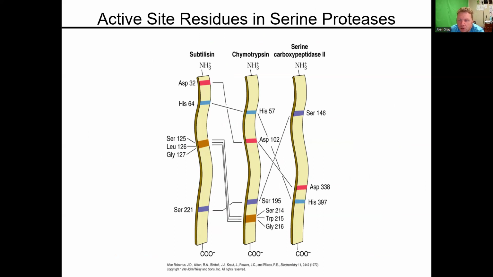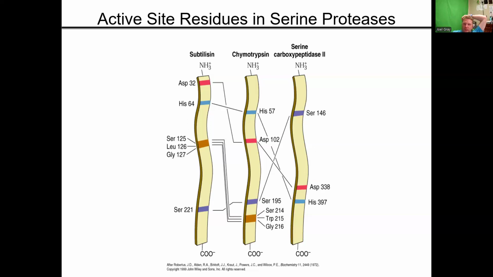Okay, so with all of that said, one of the cool things about the class of enzymes known as serine proteases is here are a total of 3 different serine proteases. If we look at chymotrypsin in the middle there, chymotrypsin's got histidine, aspartate, serine, tryptophan, and glycine. Well, those amino acids are all going to contort themselves and fold into 3 dimensions to make those 3 residues present so that they can break a peptide bond.